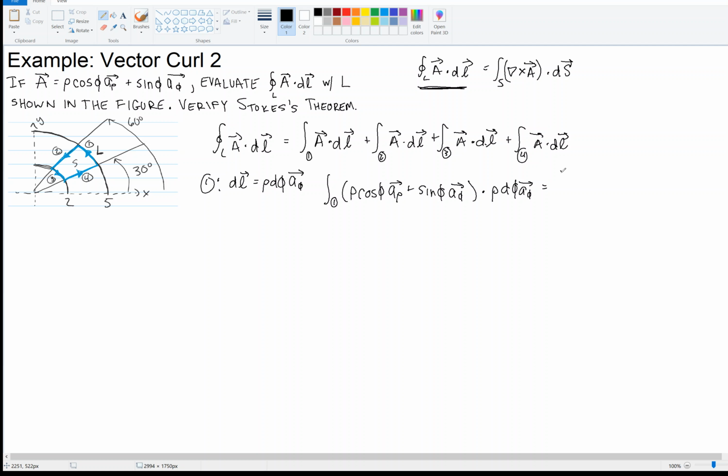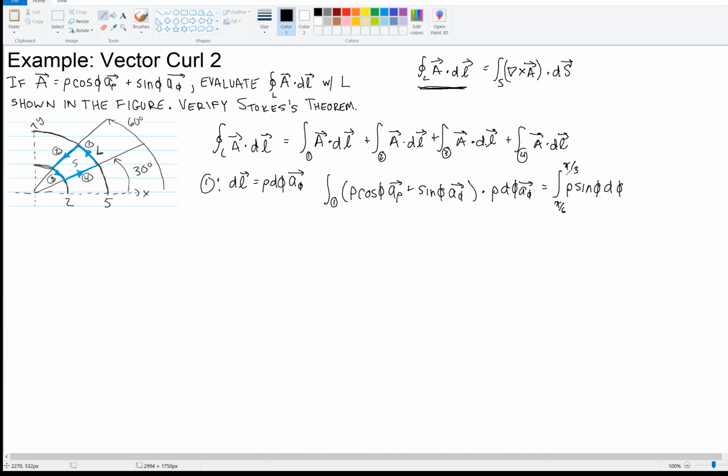And then a phi dotted with itself is 1, because it has unit length. So what we get here, I'm going to leave off the bounds for right now, is rho sine phi d phi. And what is changing here? Phi is changing. Phi goes from pi over 6, or 30 degrees, to pi over 3, 60 degrees.